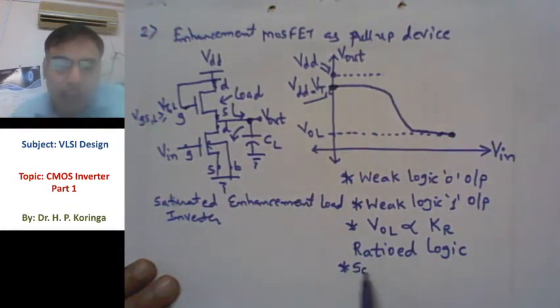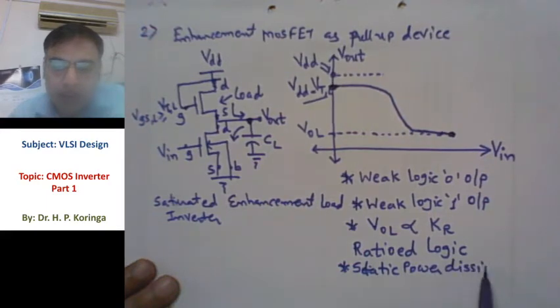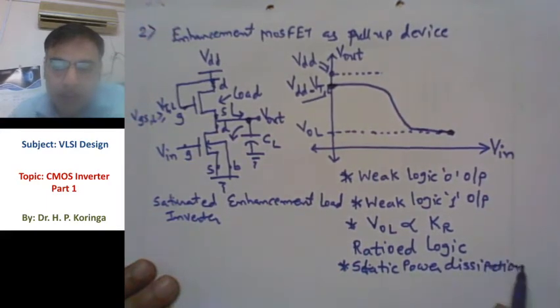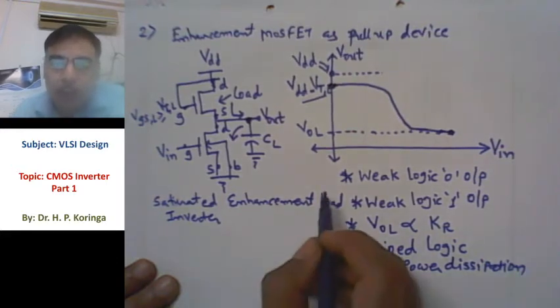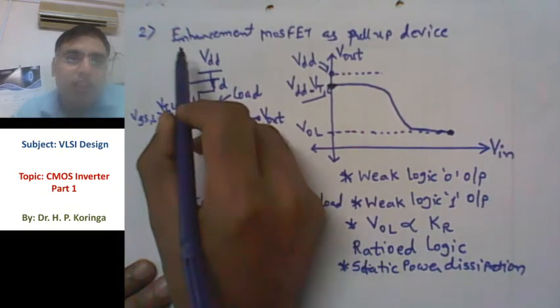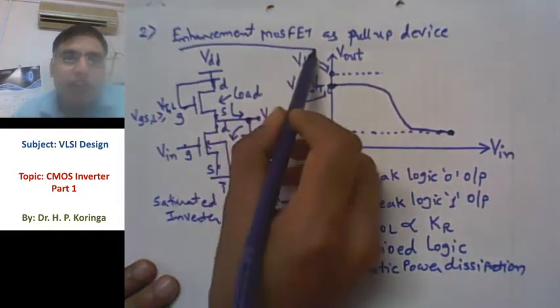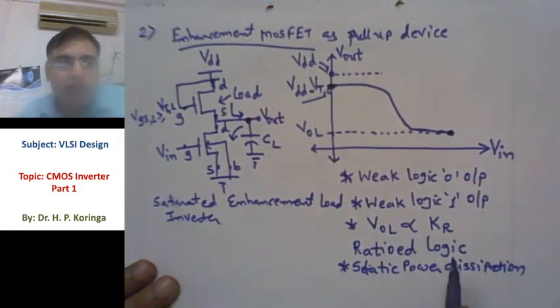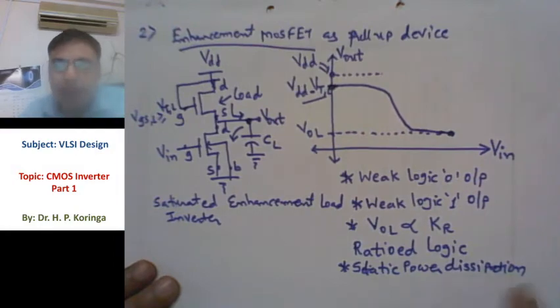So it has static power dissipation, right? So these are the points about the saturated enhancement load inverter, or we can say the enhancement MOSFET taken as a pull-up device.